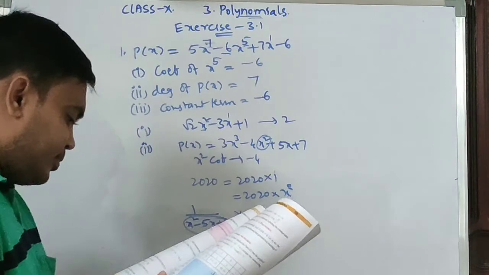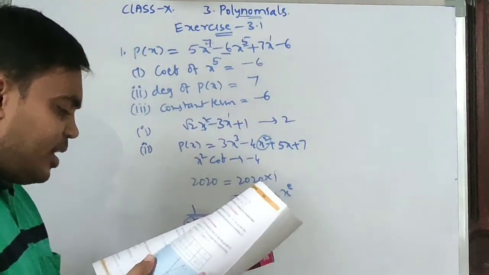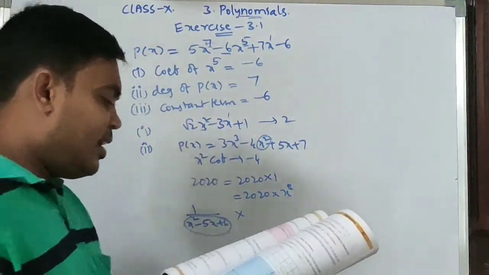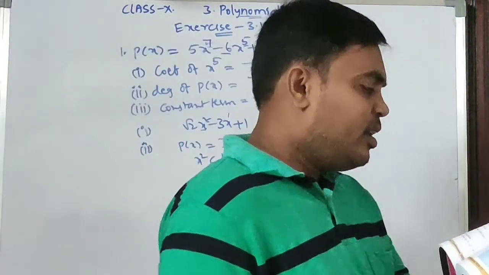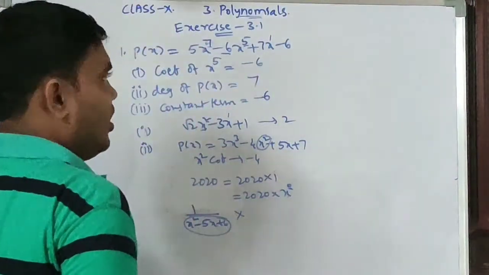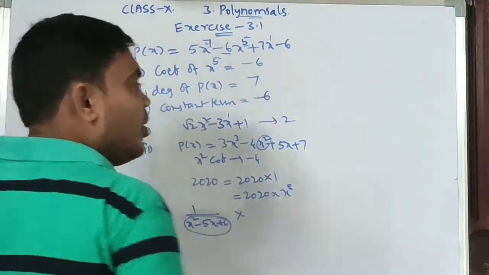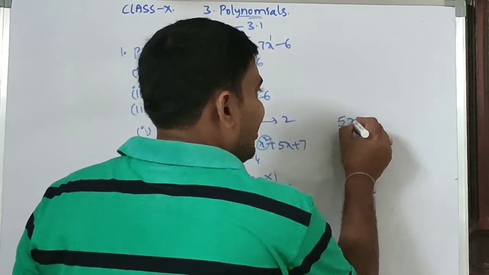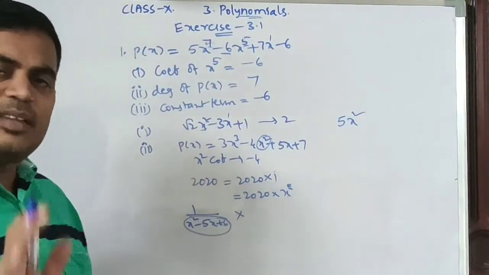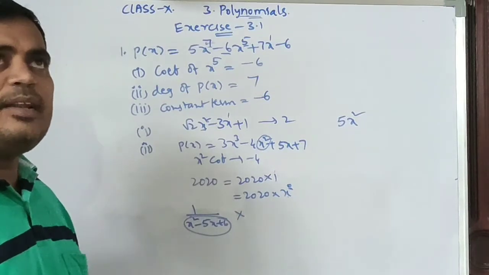Next, the degree of the polynomial is one more than the number of terms in it. For example, I am taking a quadratic polynomial, 5x square. This is a quadratic polynomial. How many terms?